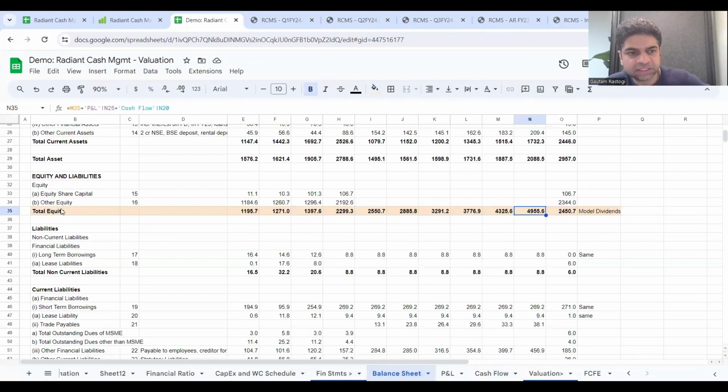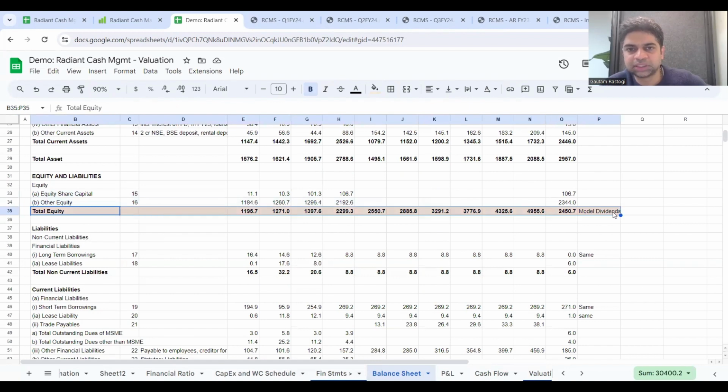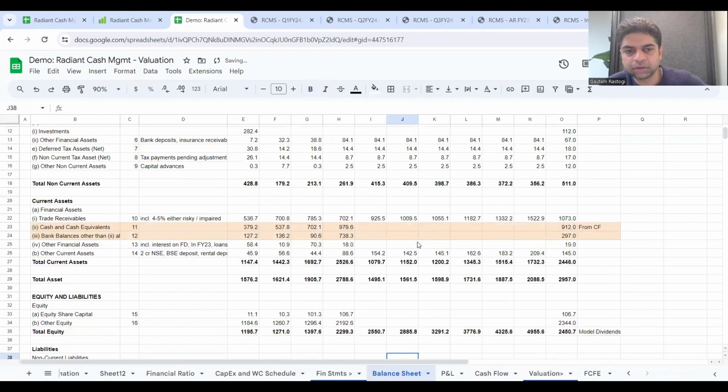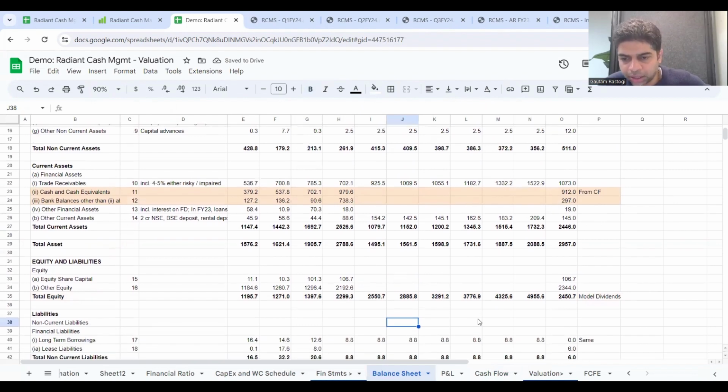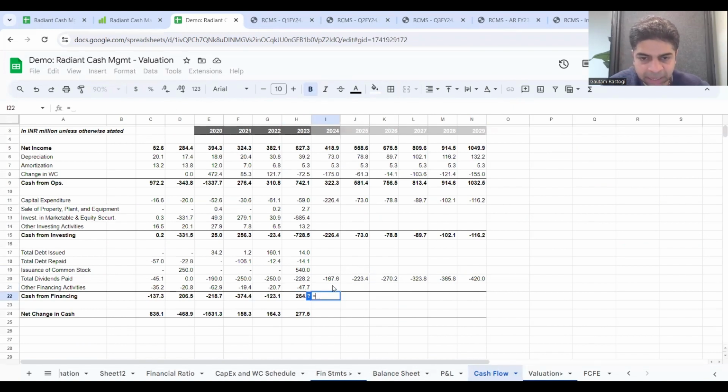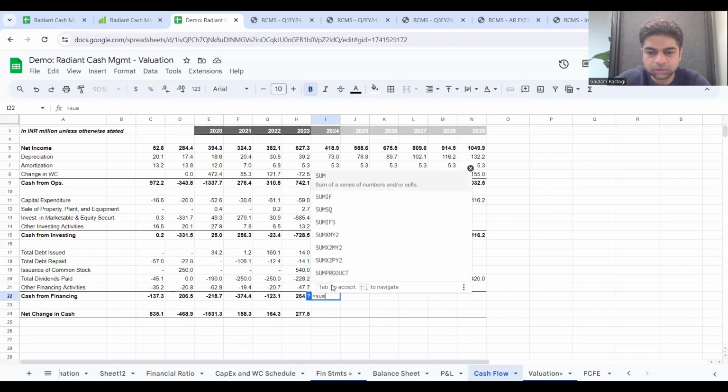Let me remove this color here because this is done. So let me go back to the cash flow. My cash flow from financing is only my dividend payment. It's nothing else.